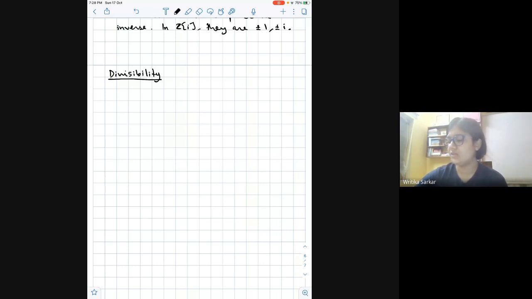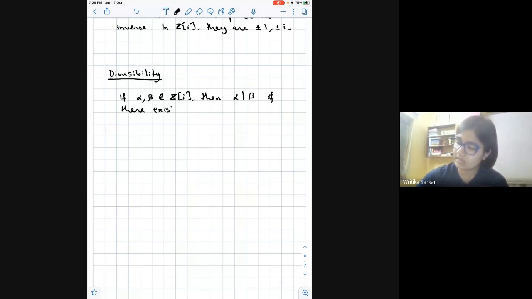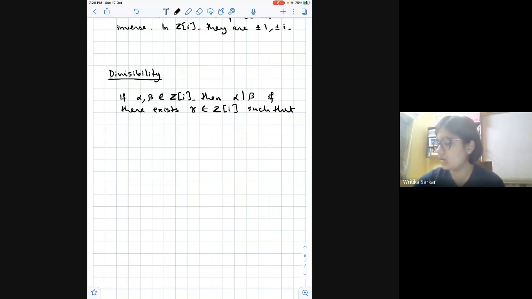If alpha comma beta belong to Zi, then we say alpha divides beta, this is the sign for divide, if there exists some gamma in Zi such that beta is equal to alpha times gamma.